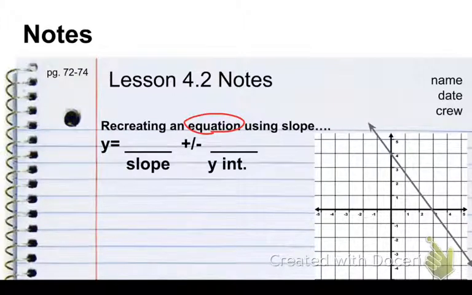Here I have a line. I do not know what the equation is for this line. I just know that I have it. But I can find some facts out about it. I can find the rise and run. It's not really rising, it's going down by 4.